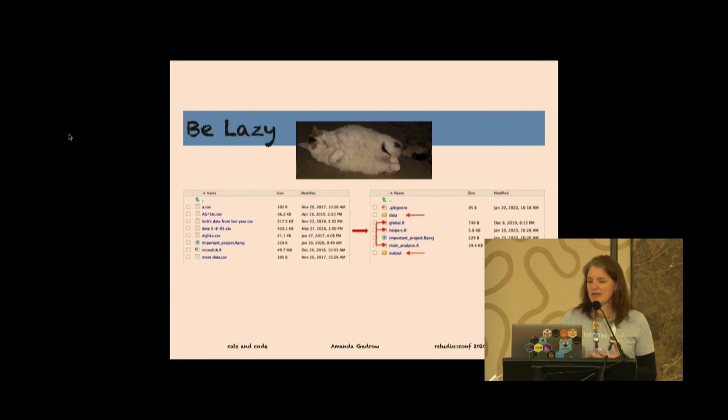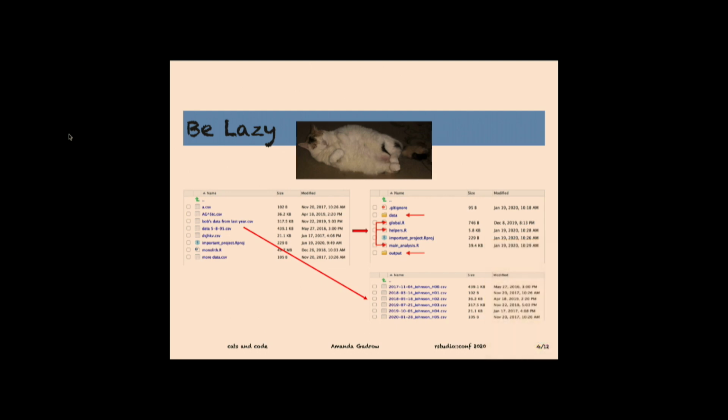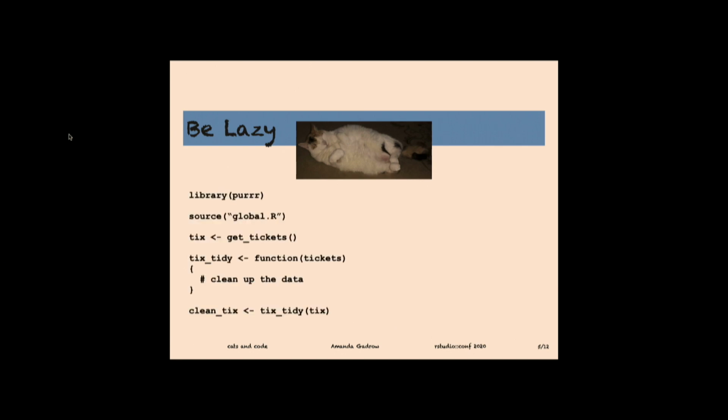I have also added a new data file, data structure here, and I've renamed all the files so that the names themselves will give you a clue as to what's in them. You don't have to remember what this strange esoteric file name is if you name your files in a way that it's easy to tell what's in there without having to explore them. So just this little bit of work today is going to make your life a lot easier later, which is exactly what my cat had suggested.